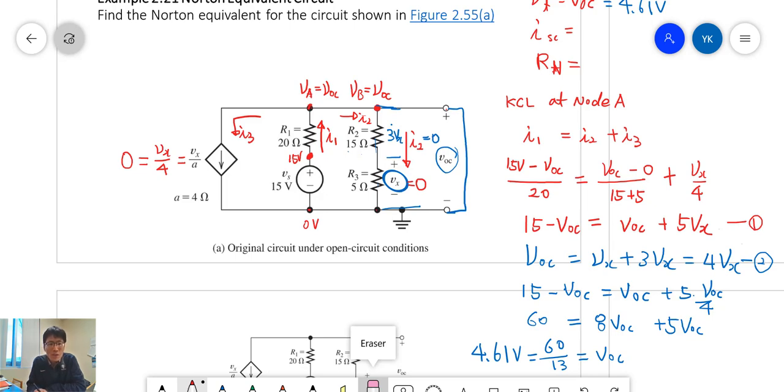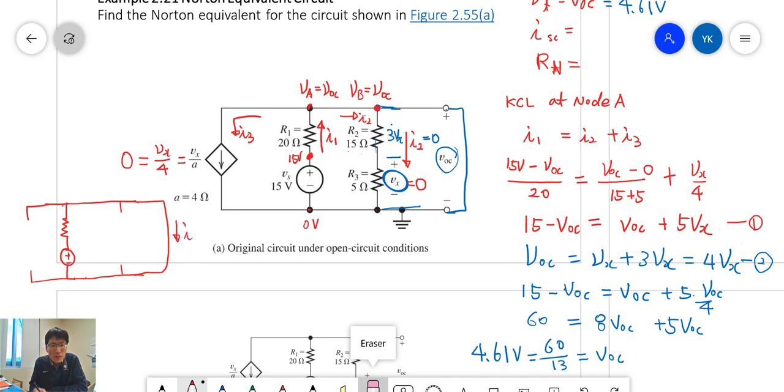So now the remaining circuit is that. You can redraw it, and there is no current on here, only the short circuit connected.